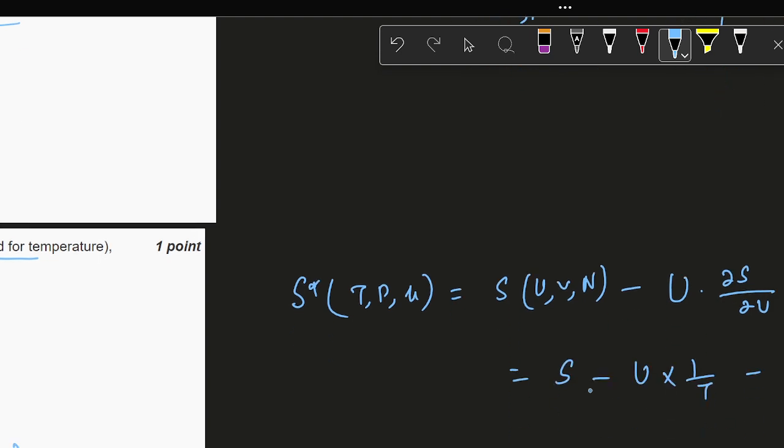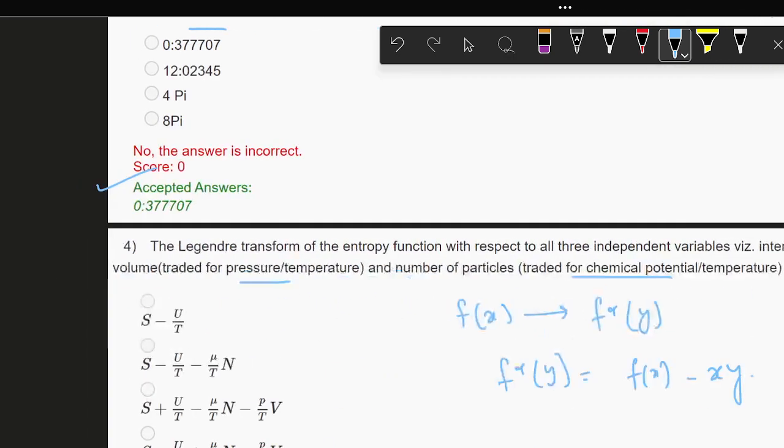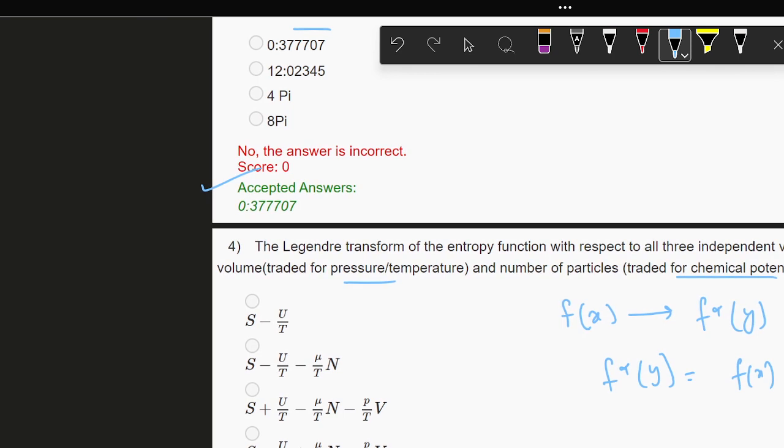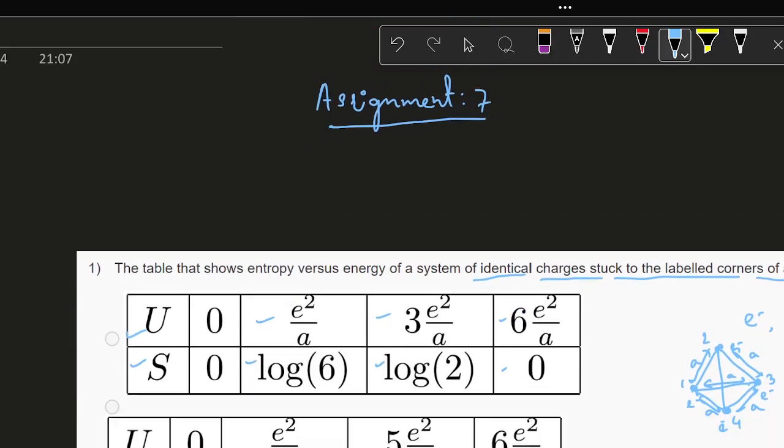So you get S minus U by T minus PV by T plus mu N by T. So this is your Legendre transformed entropy: S minus U by T minus PV by T plus mu N by T. Let us see if the answer matches. So you can see that clearly this is our answer, S minus U by T plus mu N by T minus PV by T.